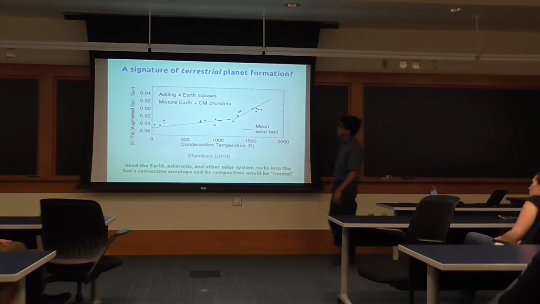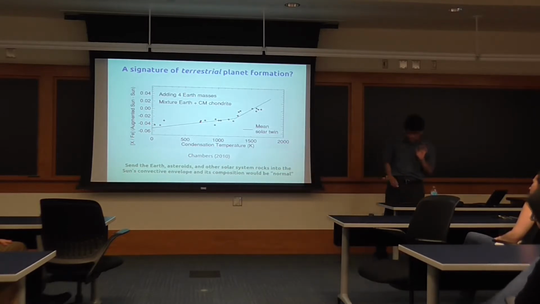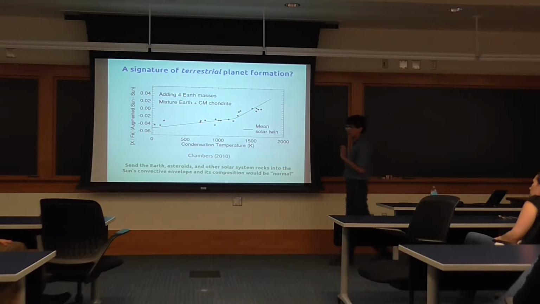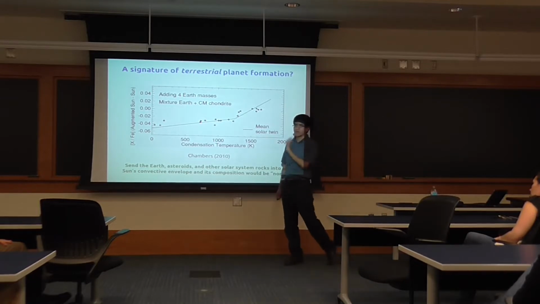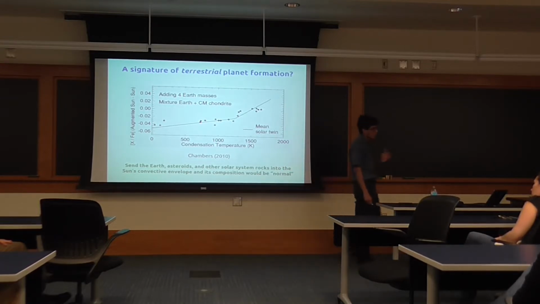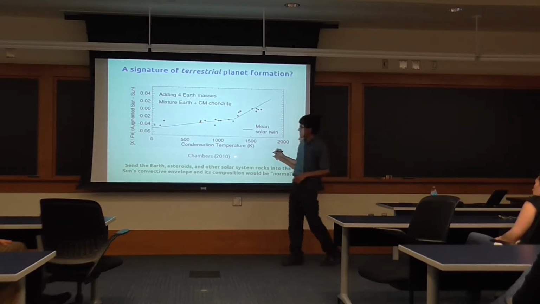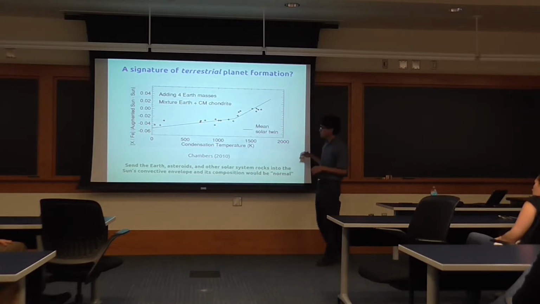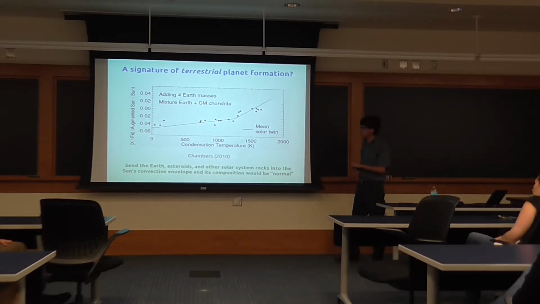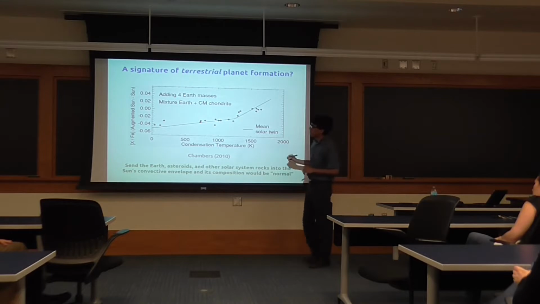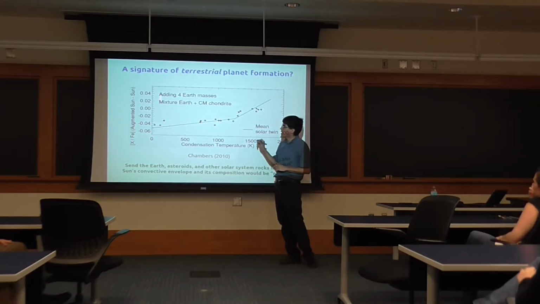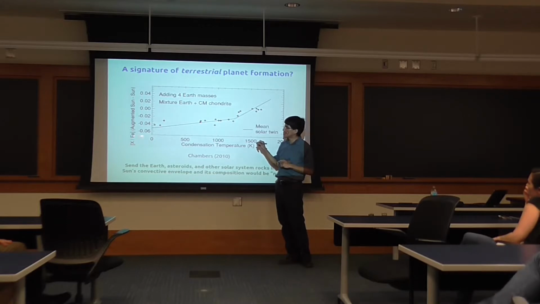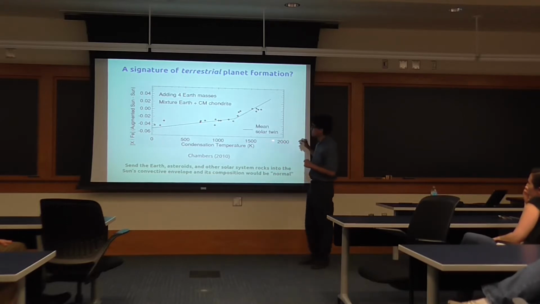Now, we think that this deficiency of refractories in the sun comes from the formation of terrestrial planets, specifically terrestrial planets. And this is a paper from John Chambers in 2010 in which he proved that idea, which we wrote in our early papers. What you have here is, again, X, meaning any element relative to iron, as a function of condensation temperature.